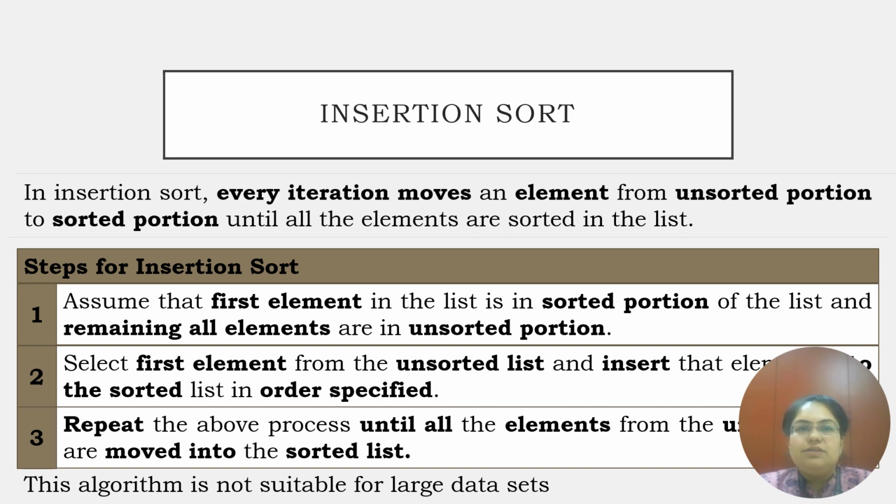First of all, let's assume that the first element in the list is in the sorted portion of the list. The remaining elements will be in the unsorted portion.